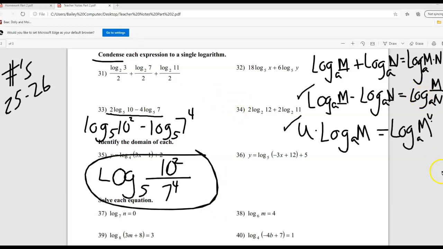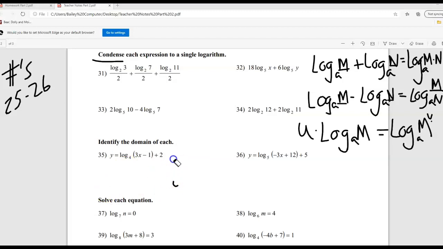Okay. Let's do another one. Slightly different variation here. I'm going to skip number 34. 34 is just kind of repetitious, so I'm not going to do that one. But I will look at number 31. 31 is kind of weird. You see we have these weird fractions here. What we're going to do is we're going to rewrite this a little bit.